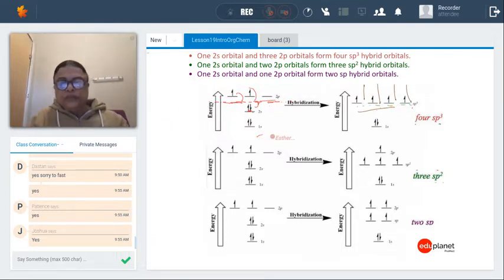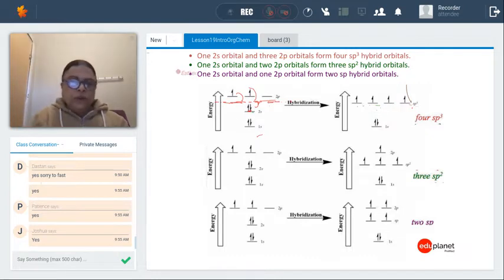So when it suits him, carbon can create 4 new orbitals, and we call such orbitals hybrid orbitals.